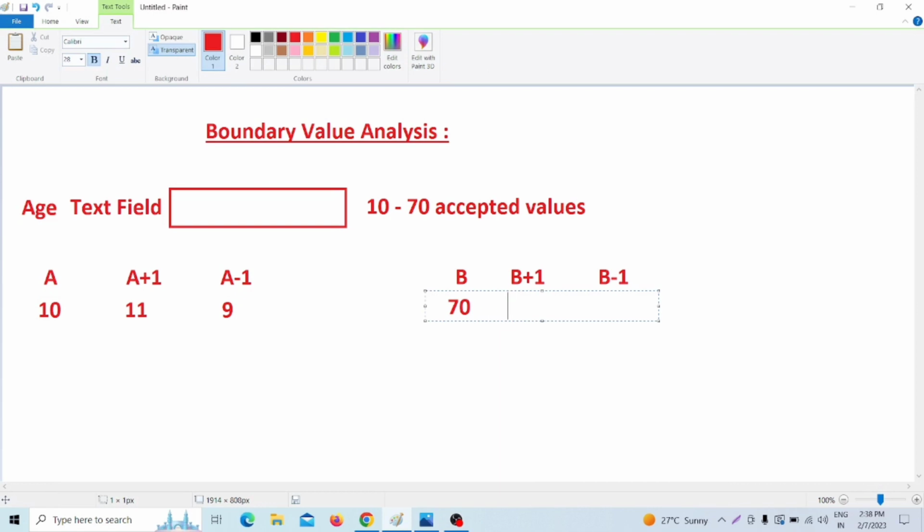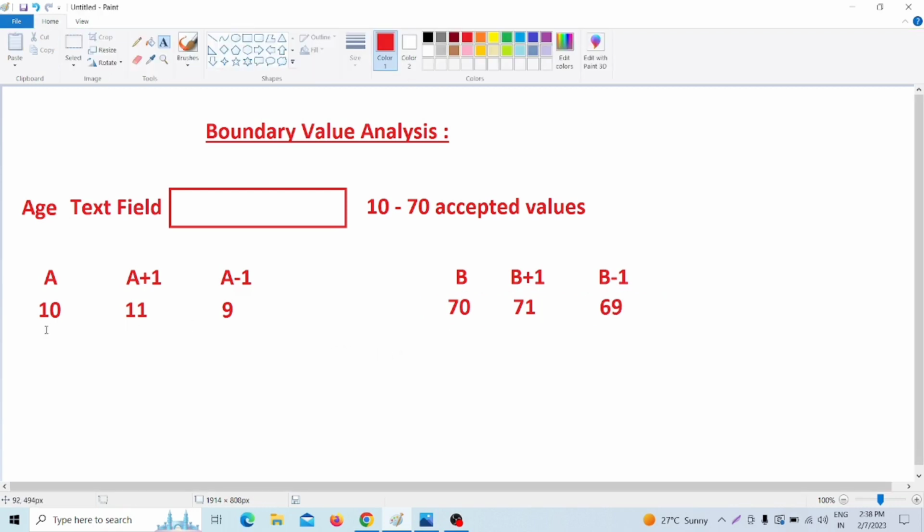So what is B plus 1? That is 70 plus 1, that is 71. And what is B minus 1? That is 70 minus 1, that is 69. So now we have these values. If we put these values in the text field, then my 100% coverage is done.